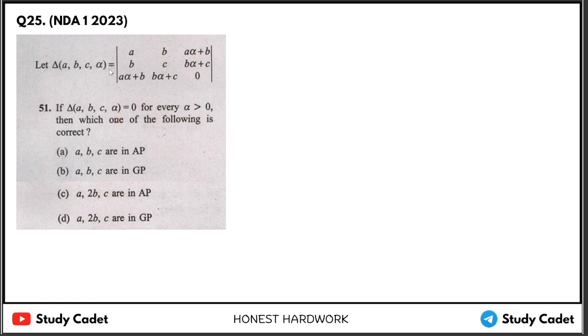See this question. The determinant with A, B, C and alpha is equal to 0. Which one of the following is correct? Okay, what can we do here?